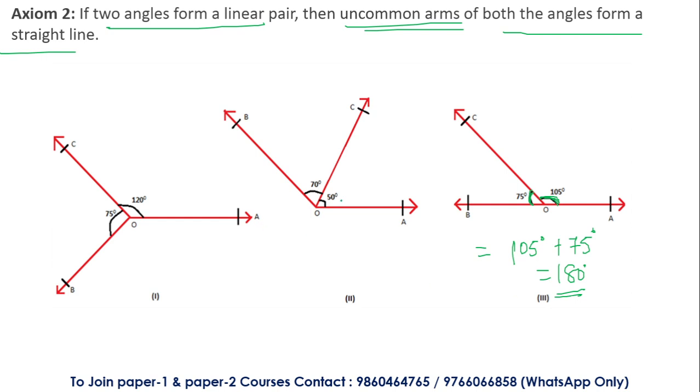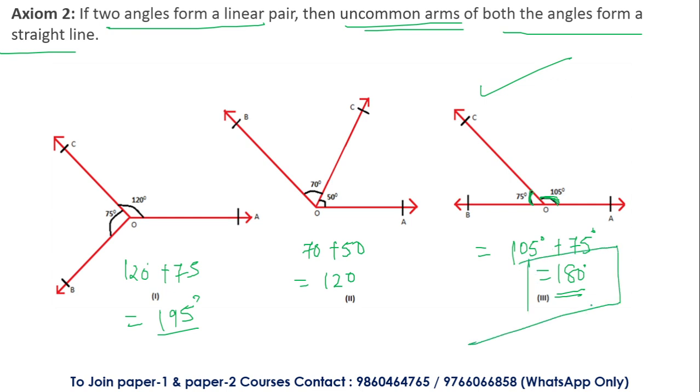But in case of the other angles, here the summation is going to be 120 degrees plus 75 degrees, that is 195 degrees. So only in this third diagram is the summation of the angles equal to 180 degrees.